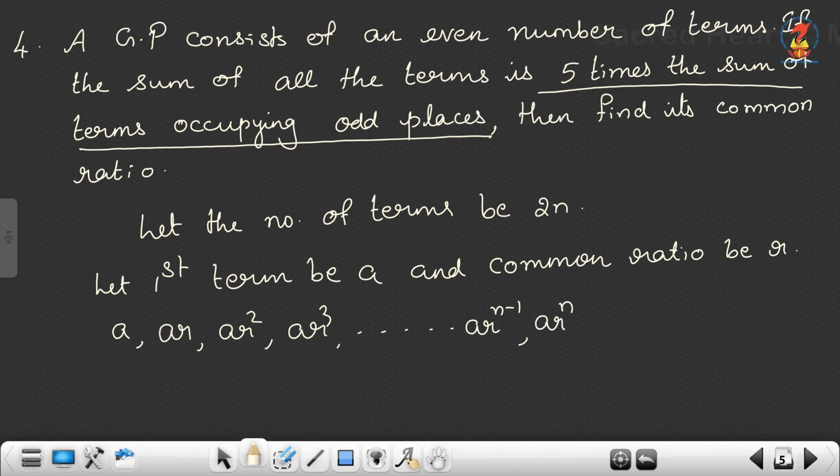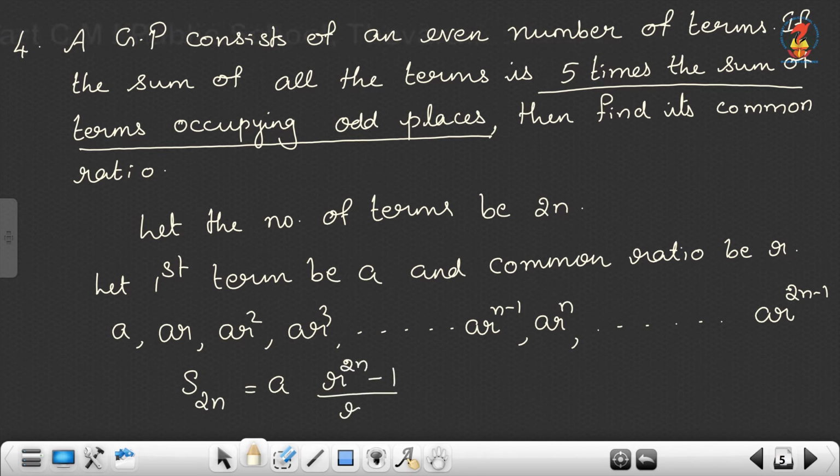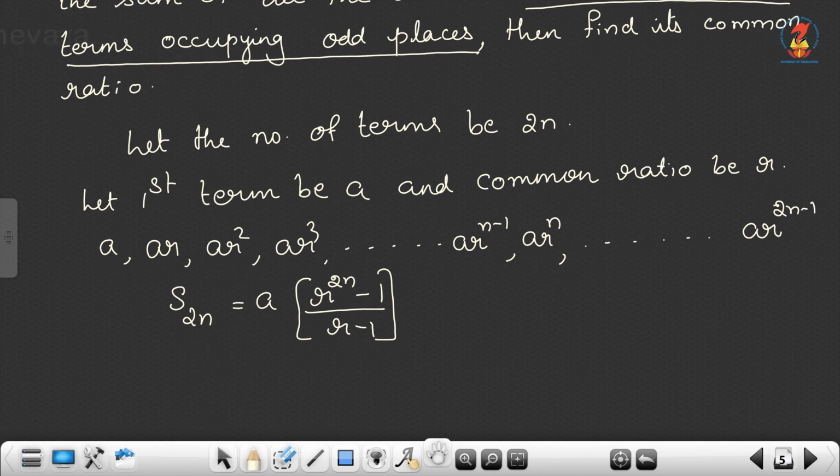Then ar raised to n, like that. We have up to 2n terms, so ar raised to 2n minus 1 is the last term. Then S2n is equal to a into r raised to 2n minus 1 by r minus 1.